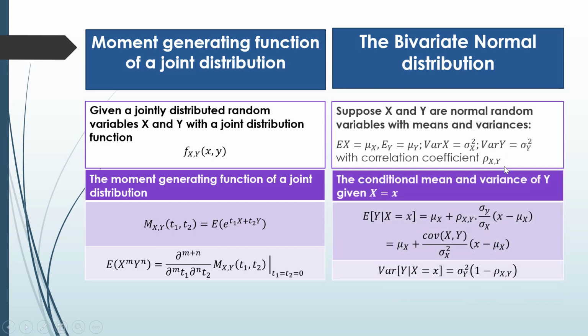Then the conditional mean and variance of y given x equal to little x are: the expected value of y given x equal to little x is mu of y plus rho of xy times sigma y over sigma x times (x minus mu of x). And this equals mu of y plus covariance of x and y over sigma squared of x times (x minus mu of x). And the variance of y given x equal to little x is sigma y squared times (1 minus rho of xy squared).